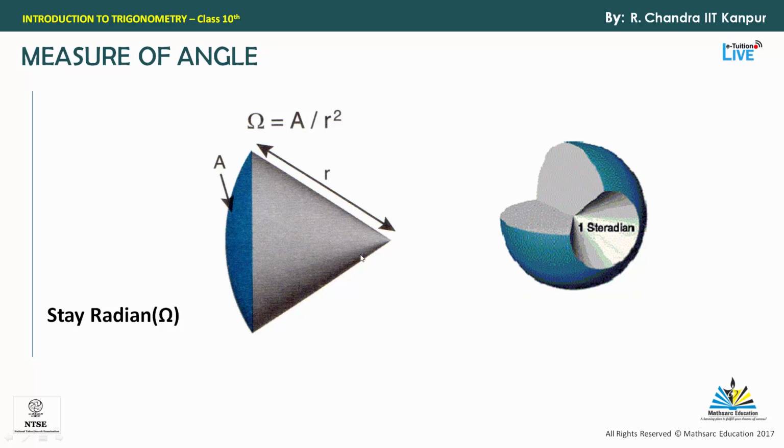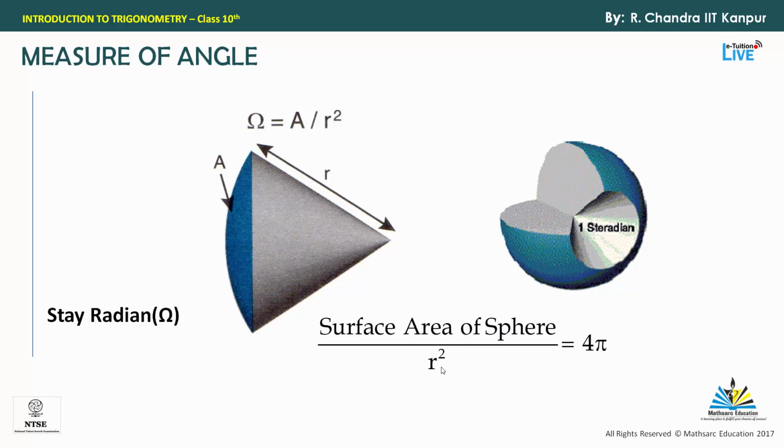Solid angle omega is defined as the area of this surface upon its radius squared. For a complete sphere, surface area upon radius squared is equivalent to 4 pi. This becomes a fixed ratio. So surface area of a sphere is 4 pi r square.